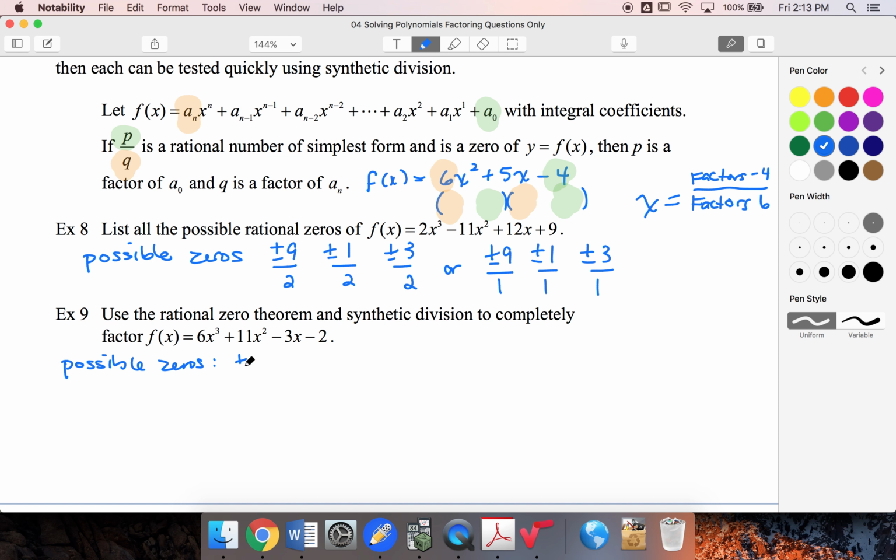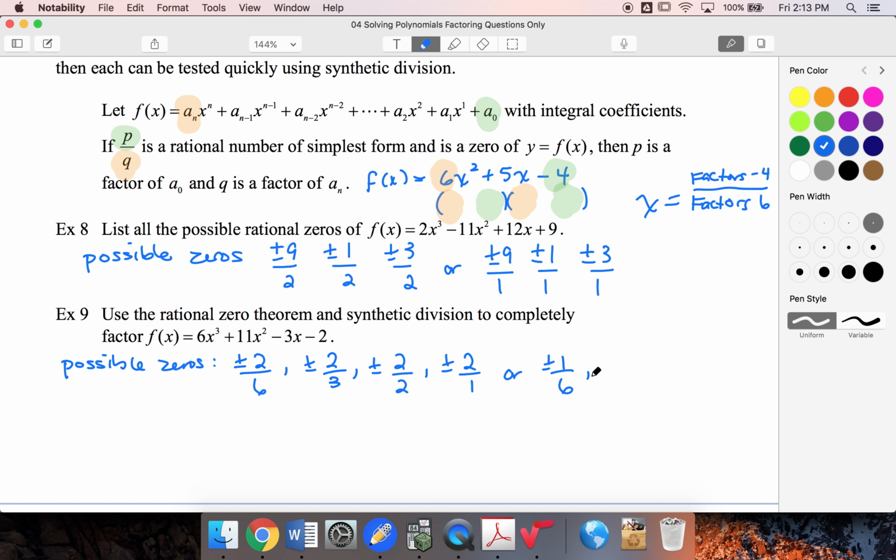So I'll have plus or minus 2 over 6, 2 over 3, 2 over 2, or 2 over 1, or 1 over all of these values, so 1 over 6, and this reduces to 1/3, so I'm not going to write down 1/3 again.